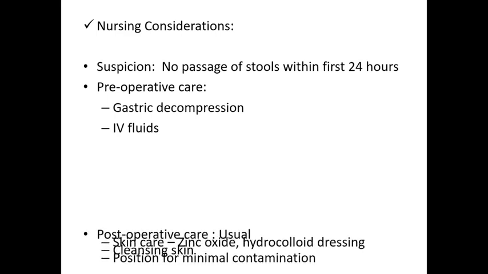Before the operation, you have to do gastric decompression using an NG tube, and then the baby has to be kept nil by mouth. Nothing should be given orally. So IV fluids will have to be given.